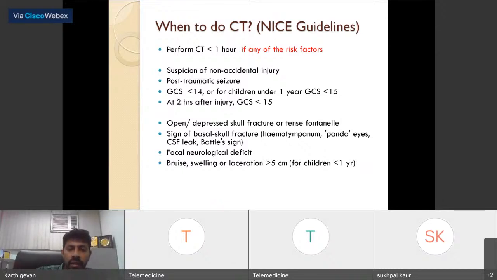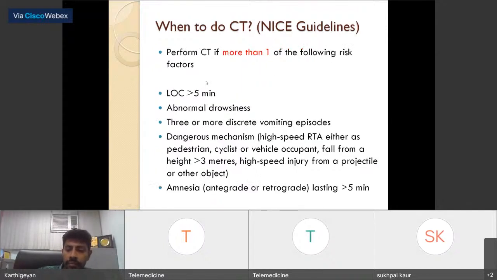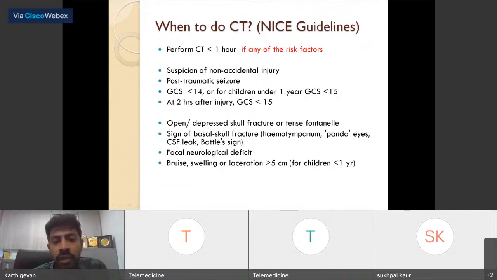These guidelines indicate we have to go for a CT scan in a kid whenever you suspect non-accidental injury, as I said earlier, or if the child has post-traumatic seizures, or if the GCS is less than 14, or in an infant, any GCS less than 15.